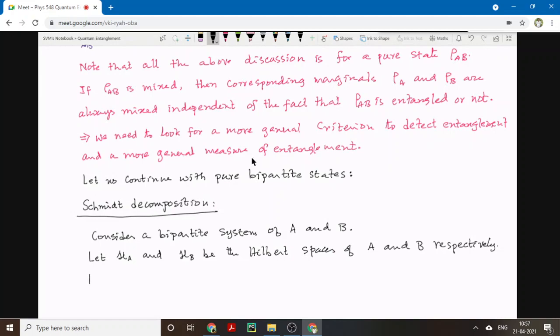For simplicity, let us assume that the dimension of HA is the same as the dimension of HB, which I will call D. The dimension of the two Hilbert spaces is the same, and that is equal to D.